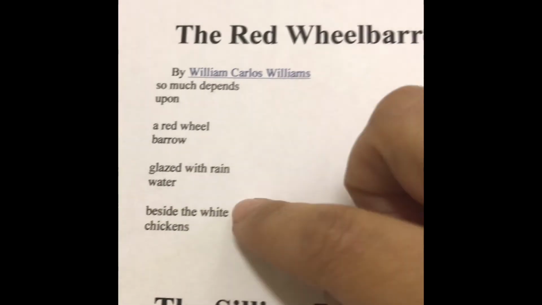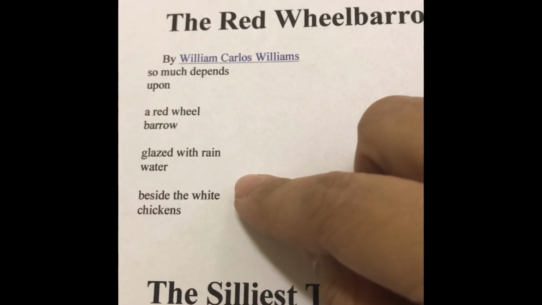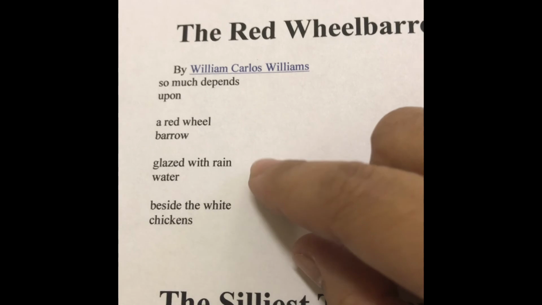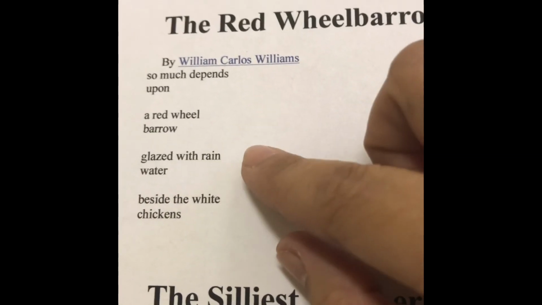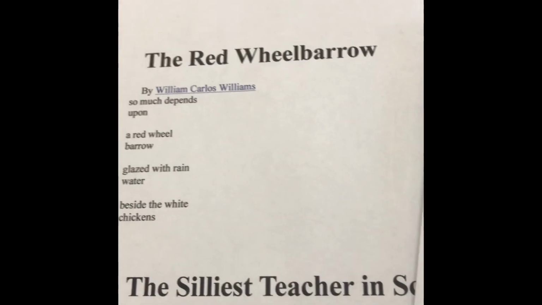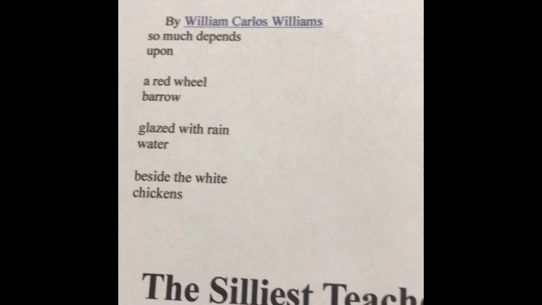These are just parts of a poem, okay? So if we look at the rhyme scheme, we don't have a rhyme scheme, but we do have a rhythm, okay? Or the flow of the poem.